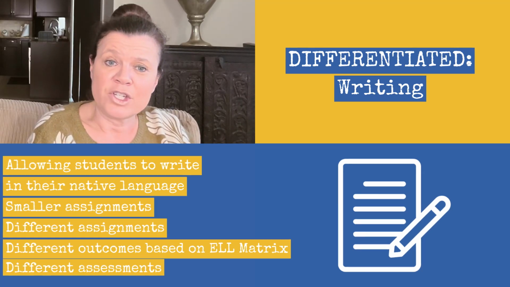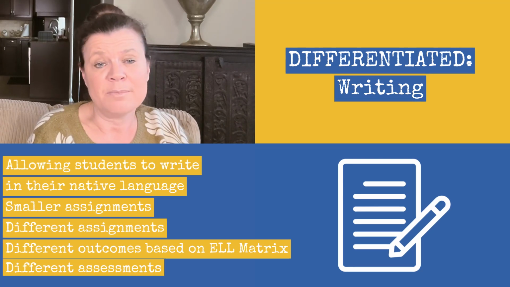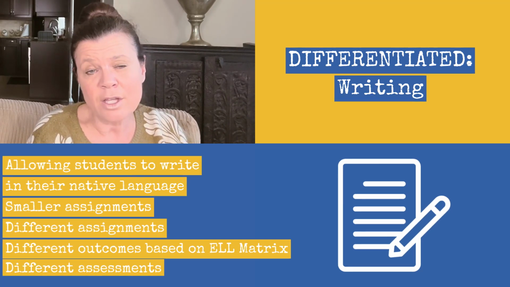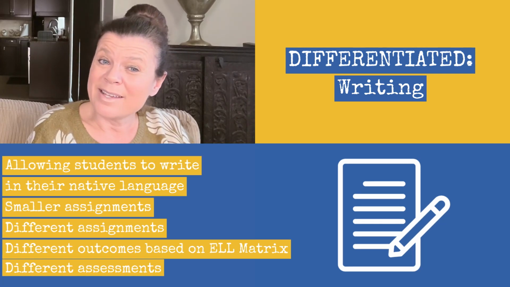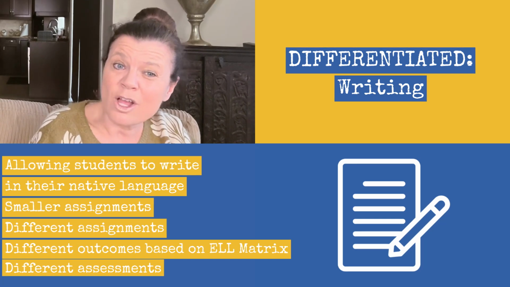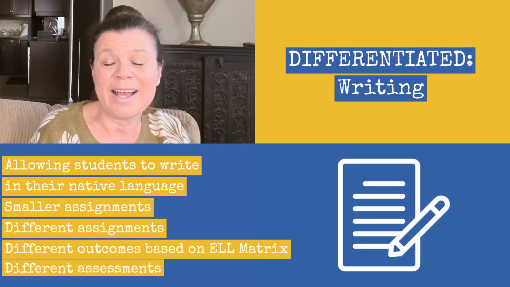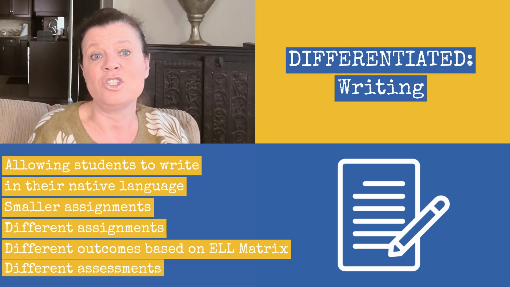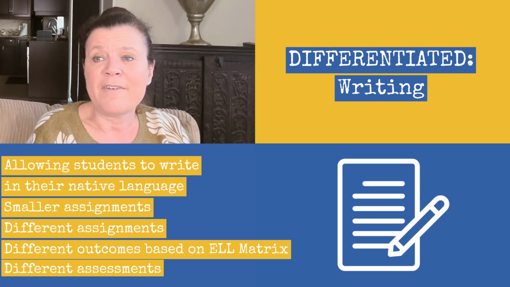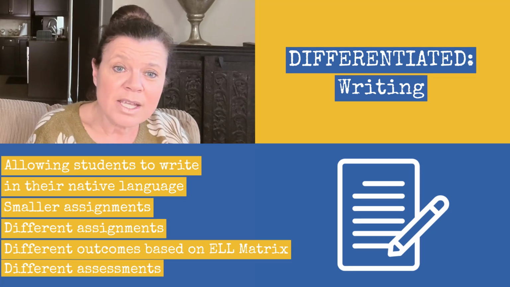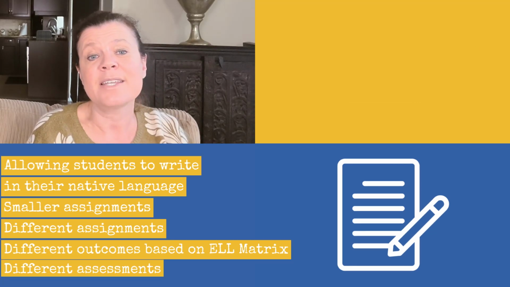Other ways to differentiate for them would be to give them smaller assignments than the rest of the class, or maybe different assignments. Could be still on the same topic that the rest of the class is covering, but their assignment just looks different. And then, similar to reading and listening, providing them different outcomes and providing them different assessments.